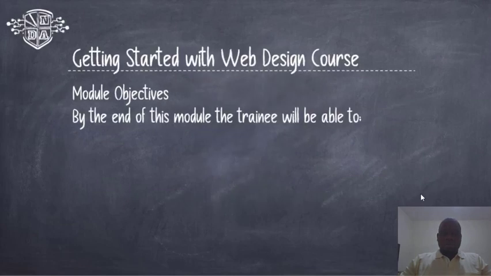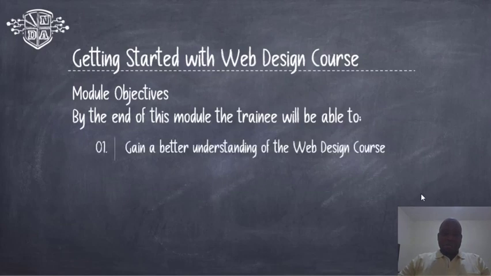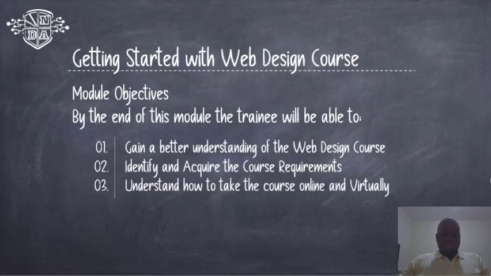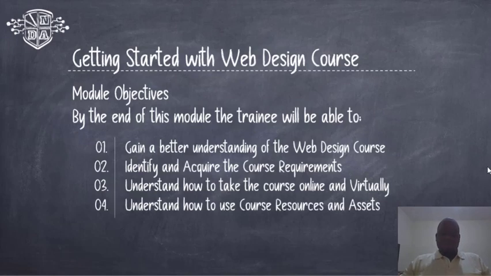At the end of this module, you should be able to: one, get a better understanding of the web design course; acquire the course requirements that you need to complete this course successfully; understand how to take this course online and virtually; and understand how to use the course resources and assets. So basically, by the end of this module, these are the things that you should get a better understanding of.